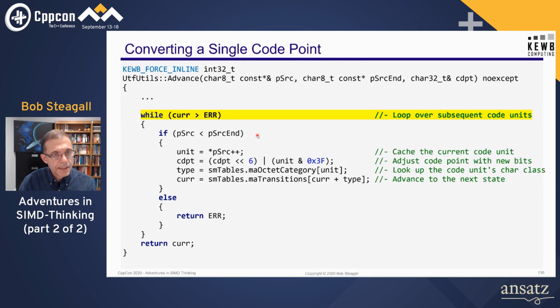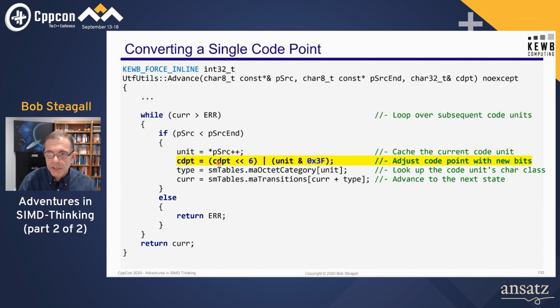Well, we're still in advance, so we haven't encountered an error yet, and we still have input waiting. So we're going to create a temporary code point, which you just saw me assign. The unit is the code unit that I just read, 8.8.